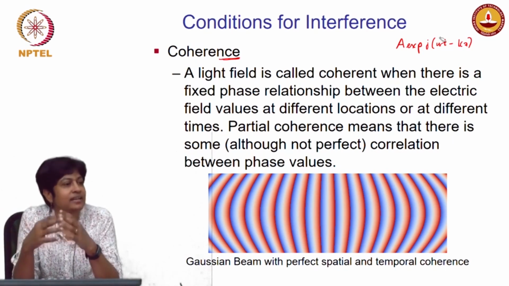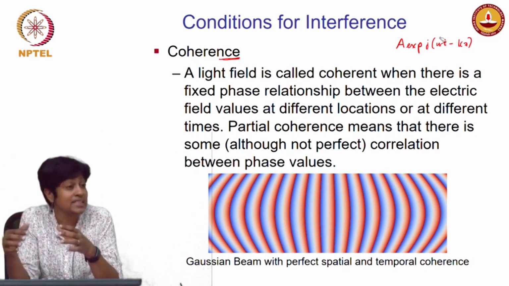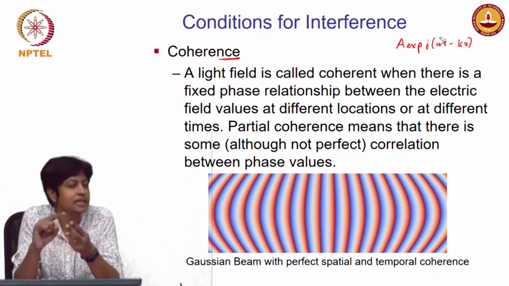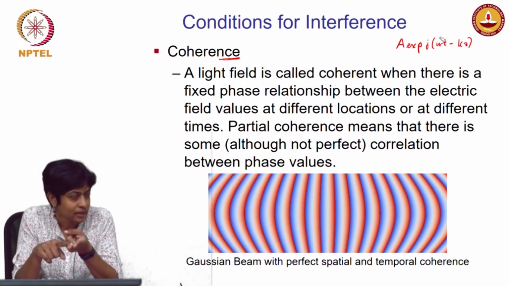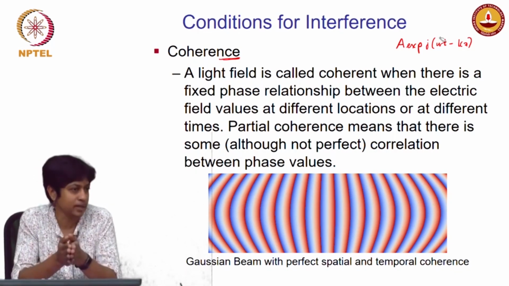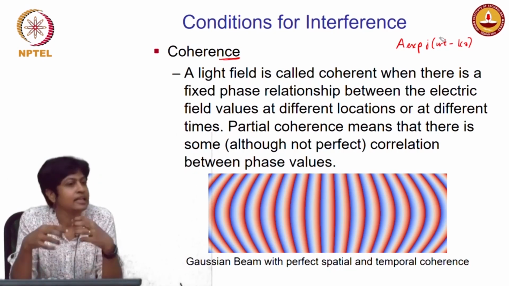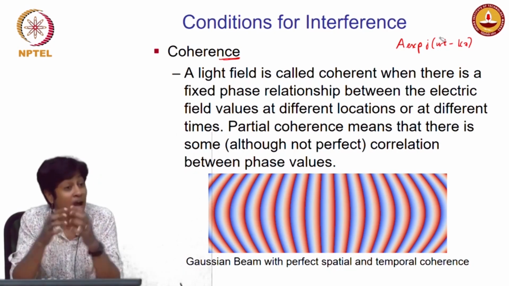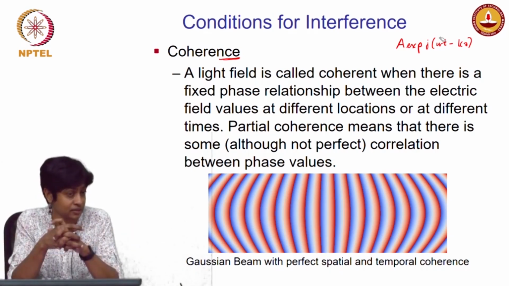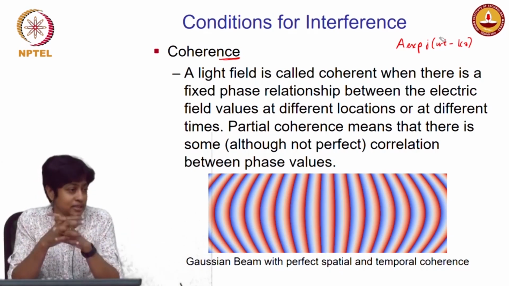The fact that I can write out an expression like this, and this expression will hold true for all time t and for all z, means my wave is behaving in a consistent way. And really coherence is talking about how consistent. We blindly write out this mathematical expression and we've always written it down.